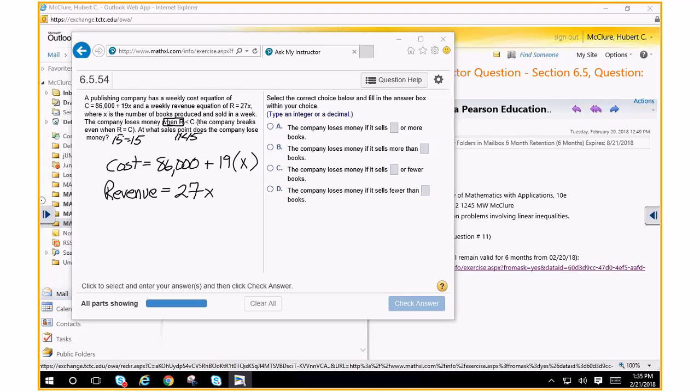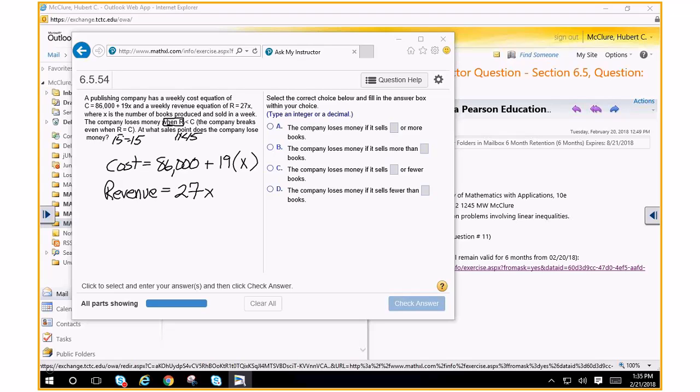At what sales point does the company lose money? Okay? It says the company loses money right here. But I think it's wanting you to actually find a number. Oh, okay. You set them equal to each other. That's what you do, basically.